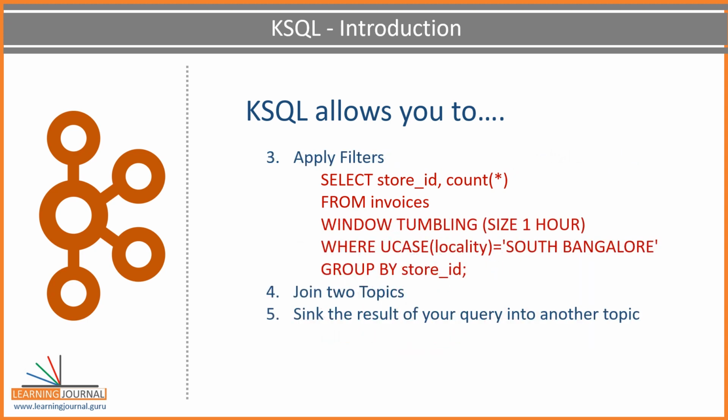You can apply filters. You can join two topics. You can sync the result of your query into another topic. The possibilities are endless. And all you need to know and learn is the same SQL and some Kafka flavor to it. So, the KSQL for Kafka is one big step forward for Kafka to become a real-time data warehouse.